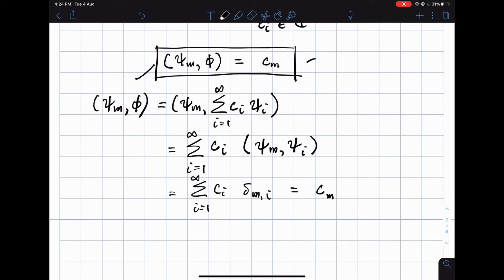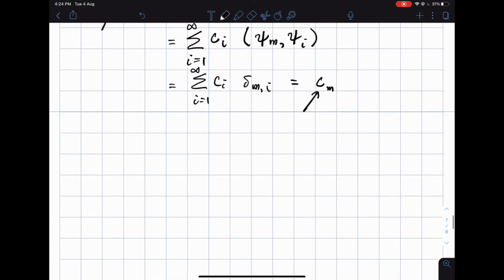So what is the interpretation of these numbers Cn, or this inner product? To see this, let us look at the expectation value of the Hamiltonian operator H, given in the state phi. This is defined by the integral of phi star H times phi, integrated over all x.